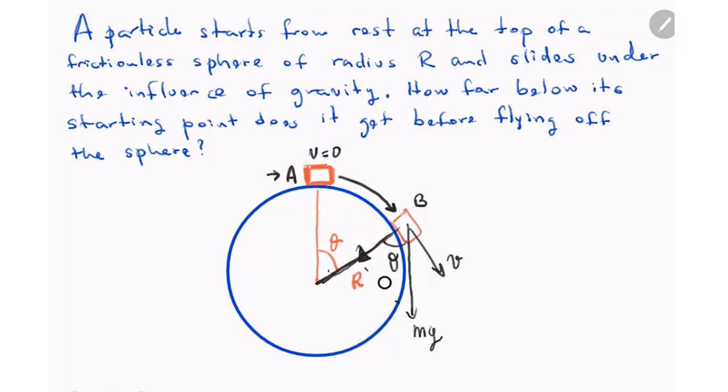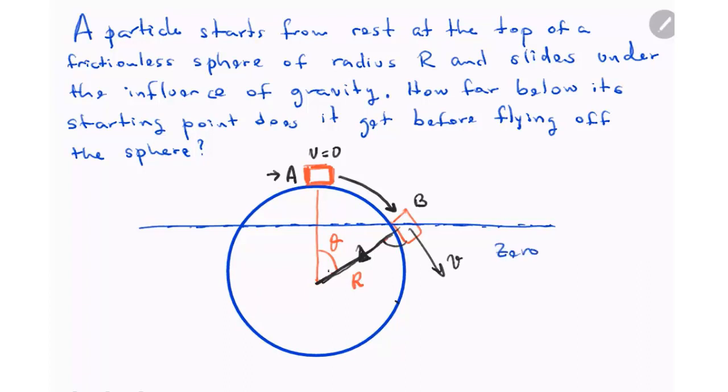I'm gonna erase this real quick, and I'm gonna draw a line crossing or passing across the point B. I'm gonna call this line zero potential energy reference point.